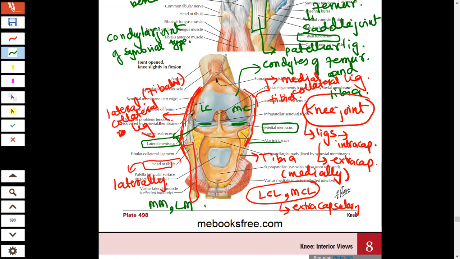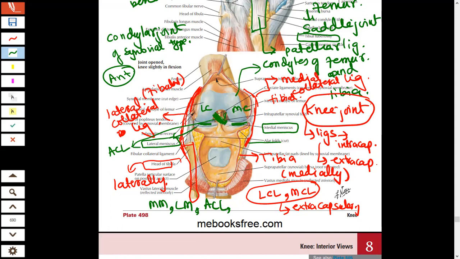Okay. And along with these two menisci, see here, one ligament is coming in this direction, in the anterior side of the knee joint. So you can easily visualize this ligament anteriorly. This is known as the anterior cruciate ligament.